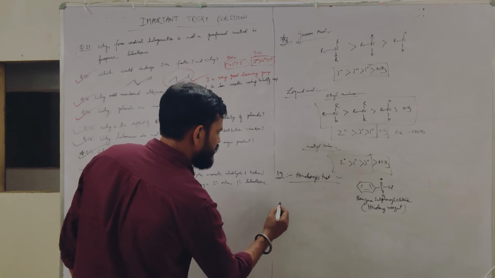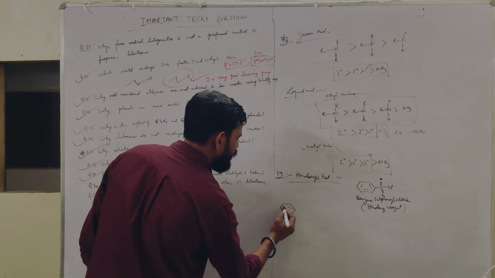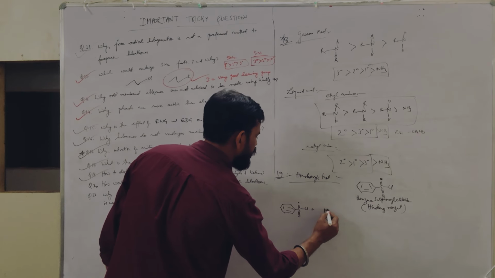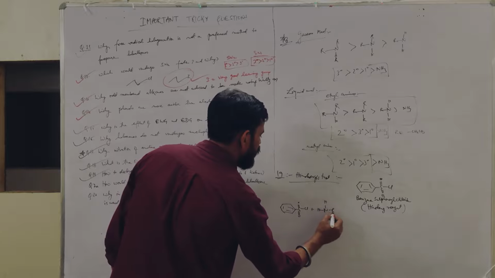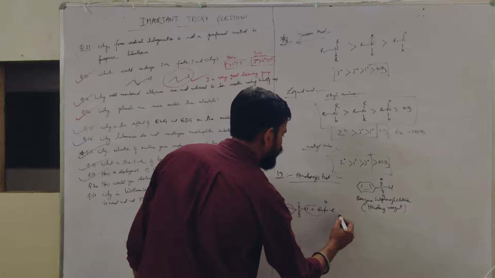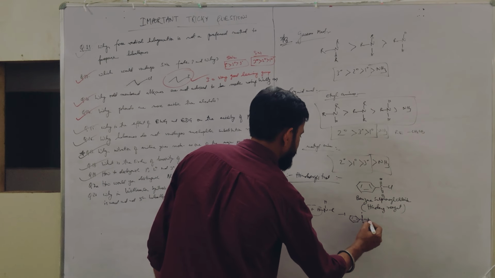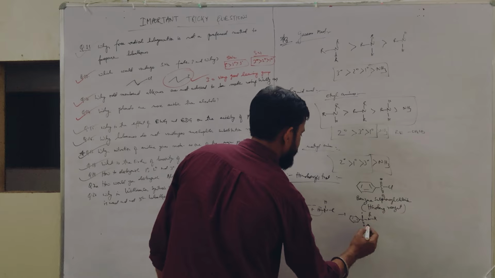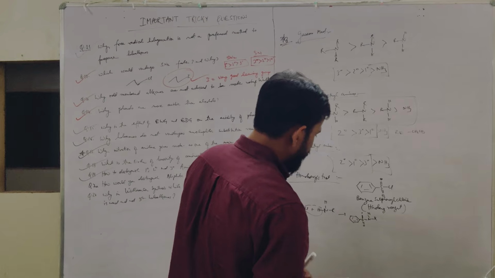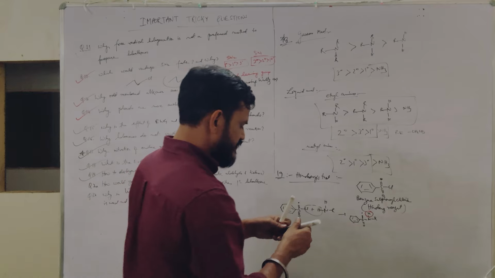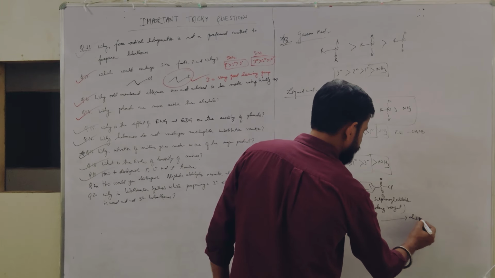Now, when Hinsberg reagent reacts with 1-degree amine, the product that it forms is this. Now you see, this hydrogen is acidic in nature. Because of this hydrogen, this product gets dissolved in alkali.